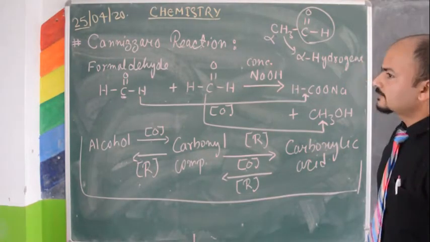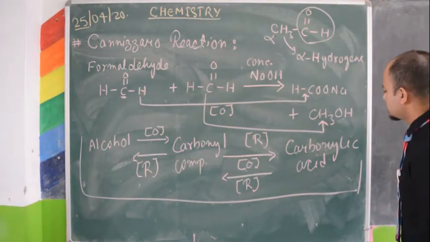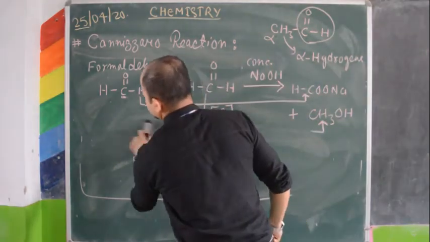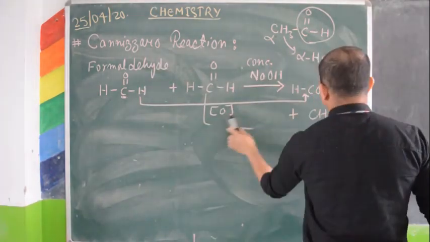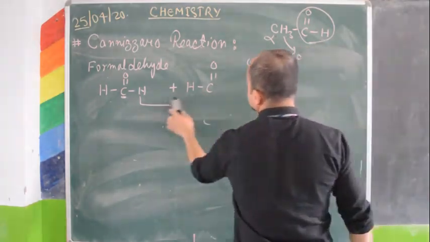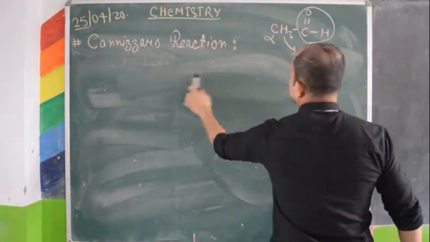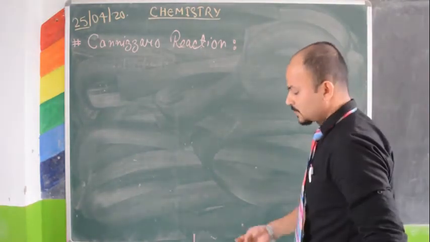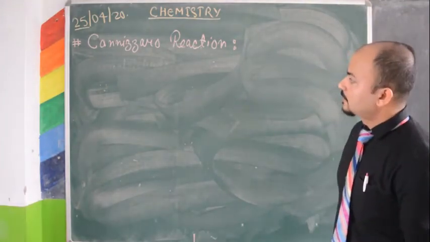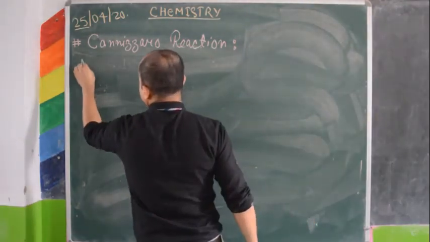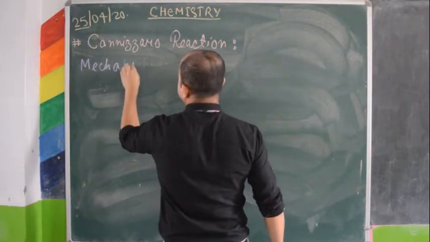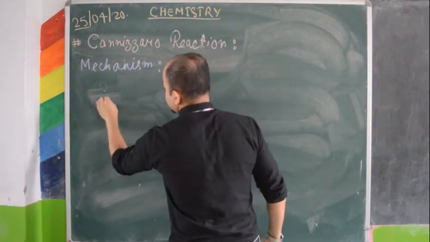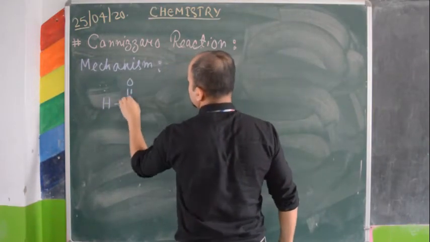Now, the mechanism of the Cannizzaro reaction is also universal. So let's discuss that. Mechanism of Cannizzaro reaction. So we have this compound HC double bond OH.